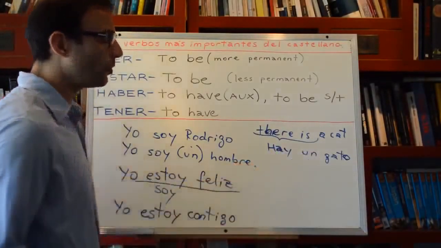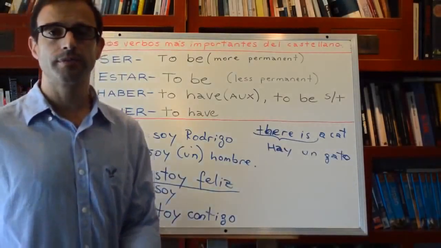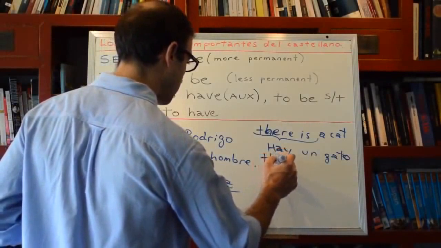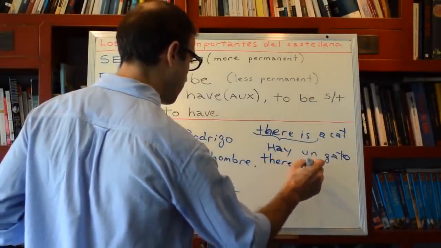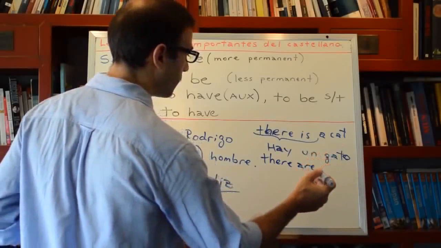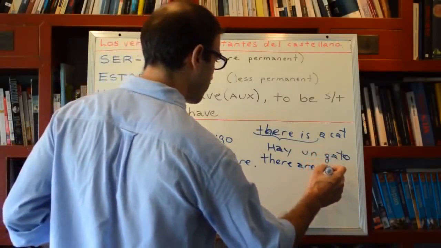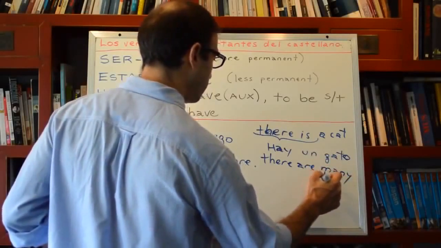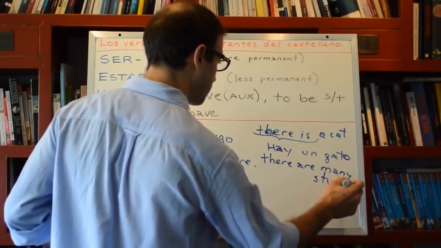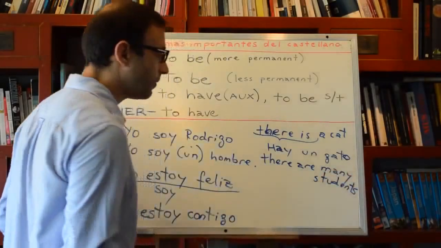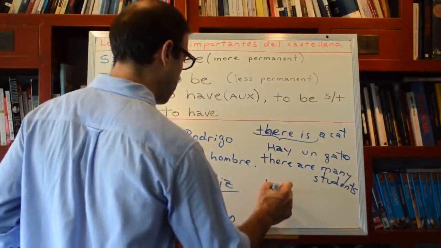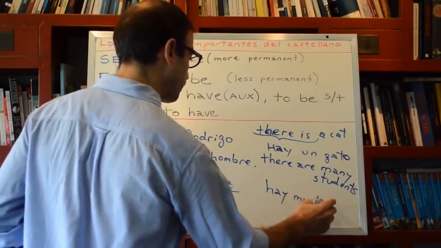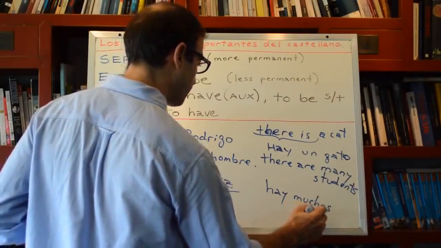Hay un gato. If I want to say there are many people, let's say there are many students, okay? There are many students, I would say hay muchos estudiantes.